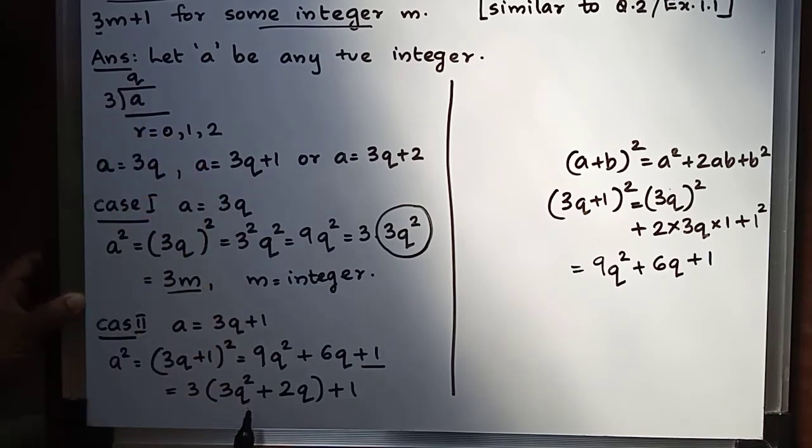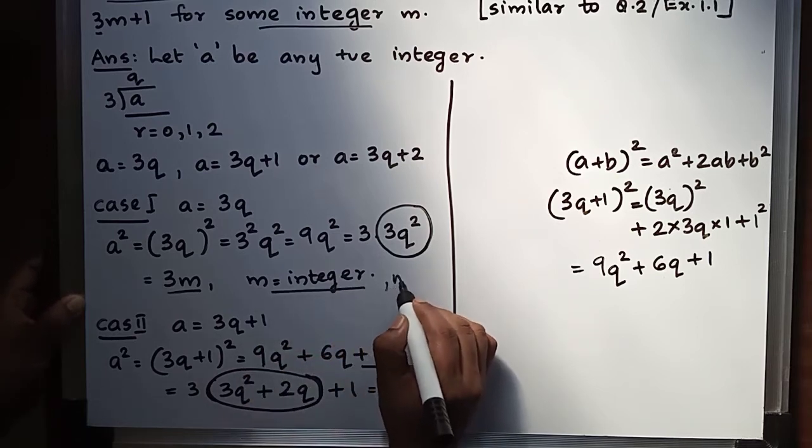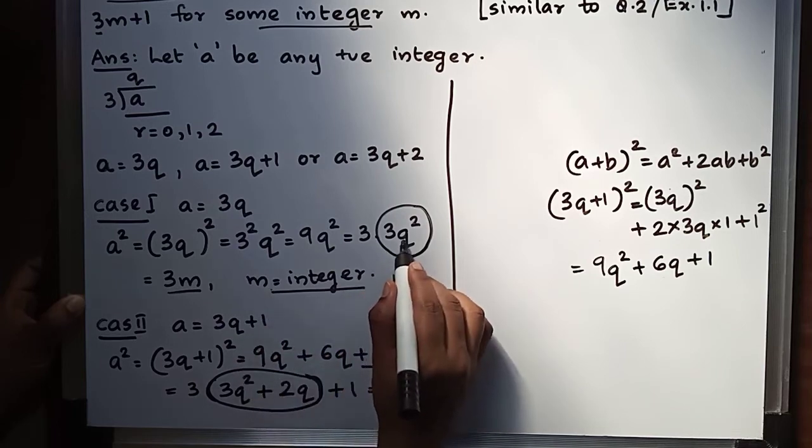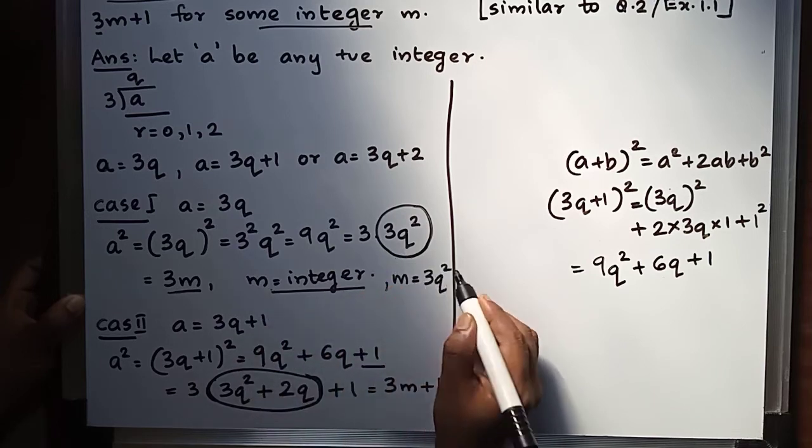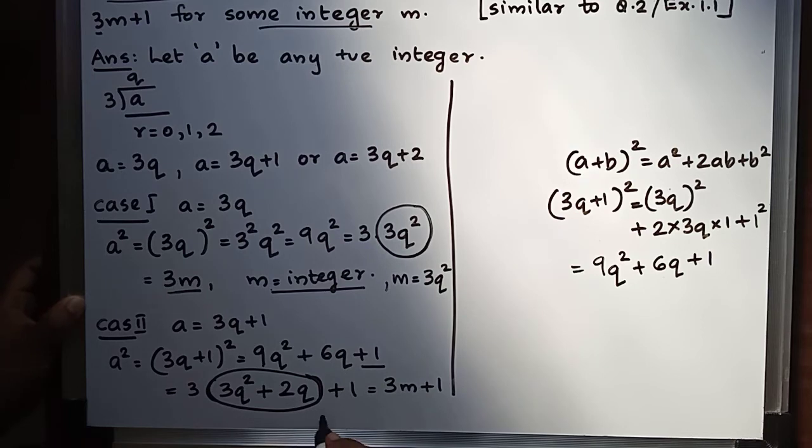So 3q square plus 2q can be taken as any integer. So we can write it as 3m plus 1, where m is an integer. In case 1, m was 3q square. In case 2, m is 3q square plus 2q, which is another integer.